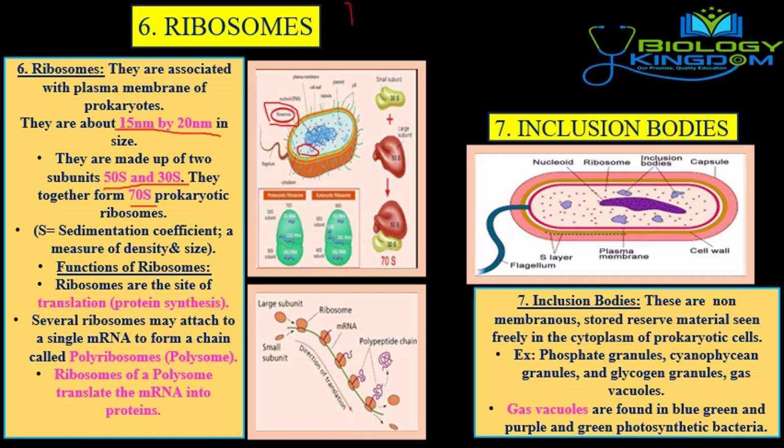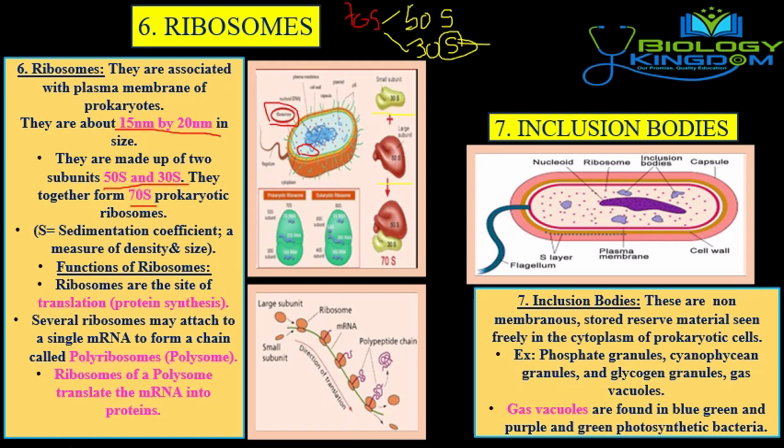If we take a 70S ribosome, it has two subparts in it, that is 50S and 30S. So 70S is the bigger part of the ribosome, as given in the picture as well. 30S and 50S are its subparts.